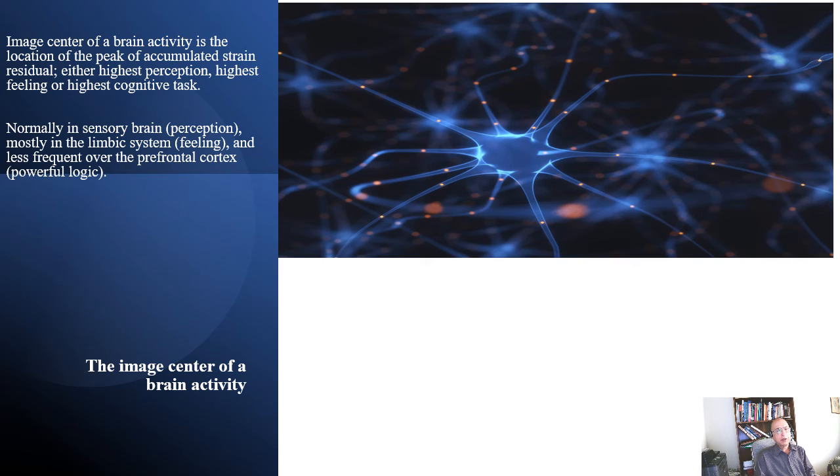In emotional tasks, it happens in the limbic system as feeling. In dreams, the image center is a combination of perception and feeling happening between the temporal cortex, the medial temporal cortex, and the hippocampal system in the limbic system.